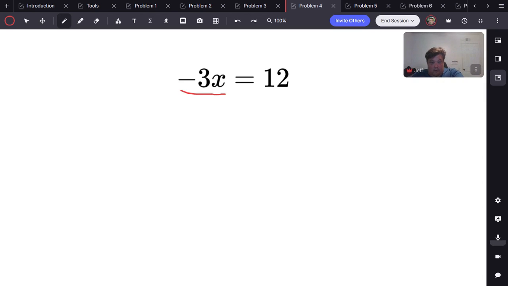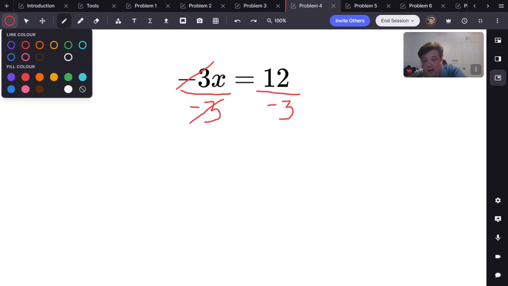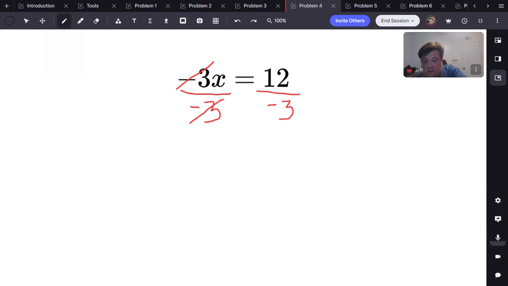Here, we're going to divide both sides by -3. All right, when you divide -3 by -3, you just get 1. But 1x is just x. So these just essentially cancel. And you're left with just x.